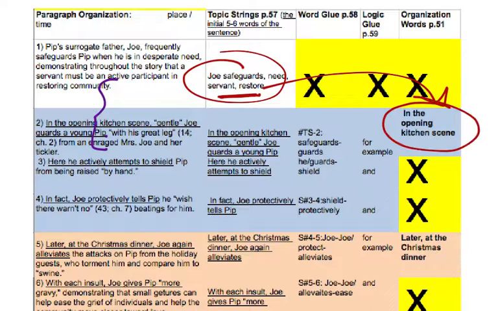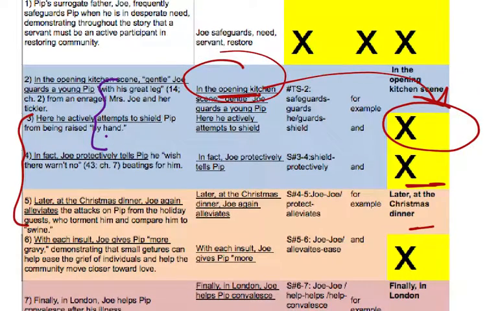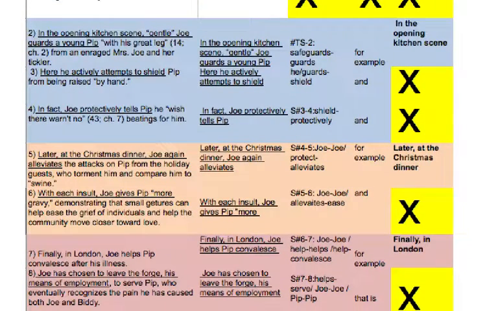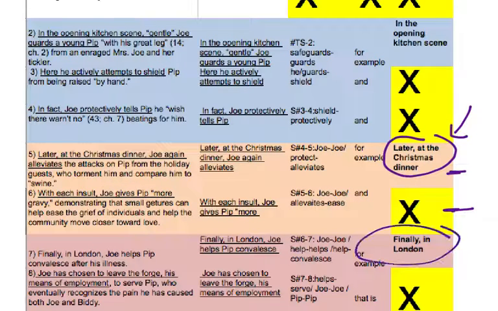So we're first going to take a look at the opening kitchen scene, and these 3 sentences all stay focused there. That's why we don't have any entries in that box. And then as we go further down, we hit that transitional language to say, okay, we're moving to a different place later at the Christmas dinner. So these two sentences are there. Finally, in London, so we know we're moving into a whole new set of different pieces of evidence.